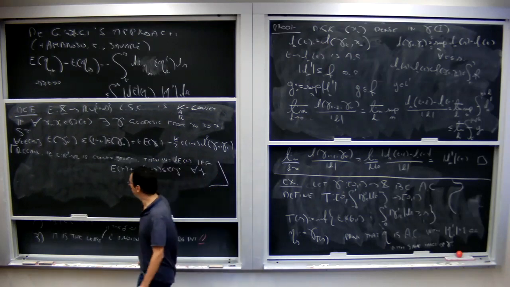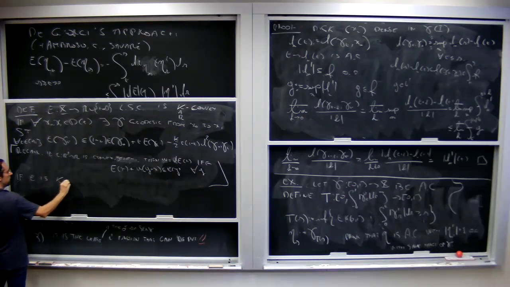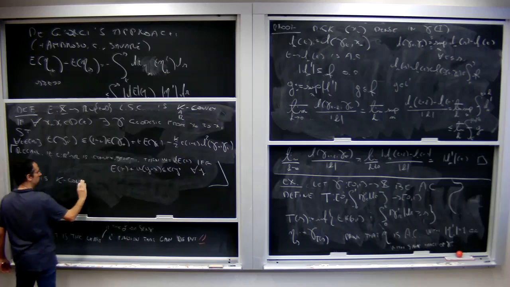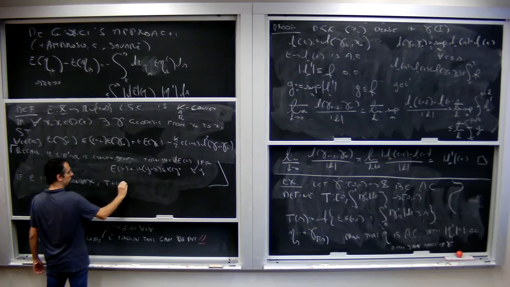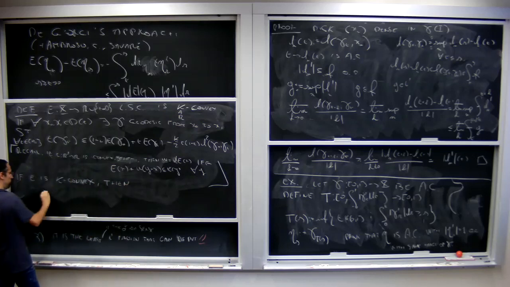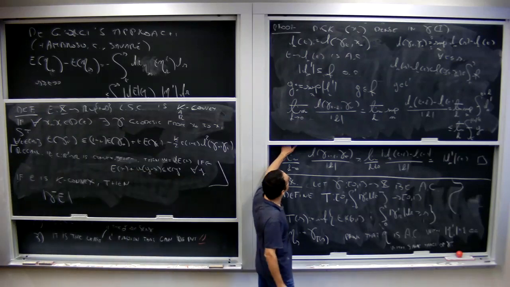Now this was just motivational, but it is easy to see that if E is K-convex, then the slope that I previously defined, did I erase it?